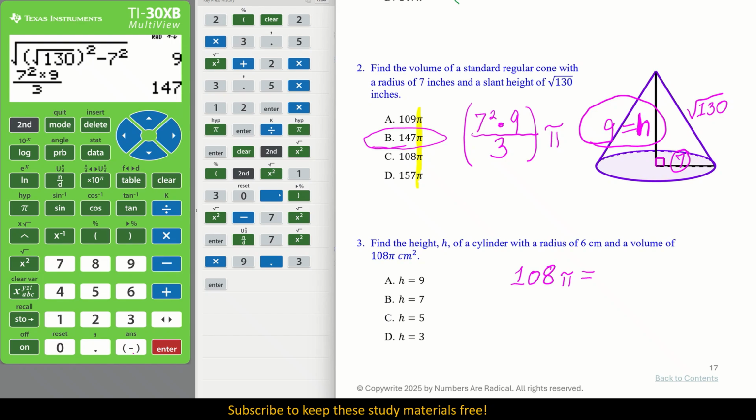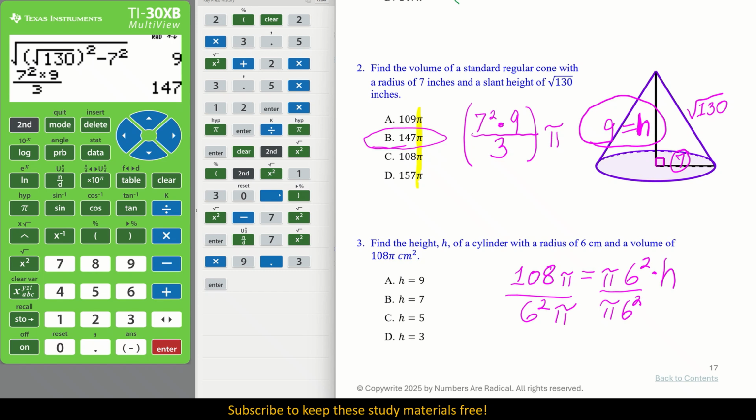And that equals, for any cylinder, pi r squared times height. So we have pi and we have r squared, which is 6 squared, times h, which I don't know. So let's divide both sides by pi times 6 squared.